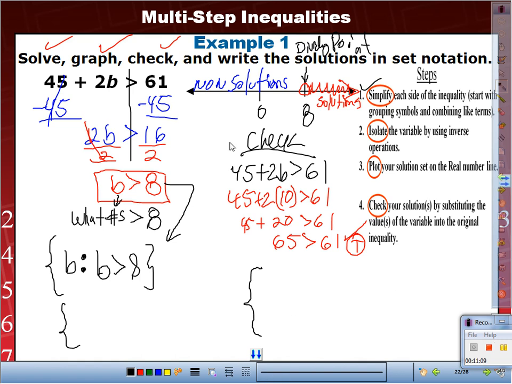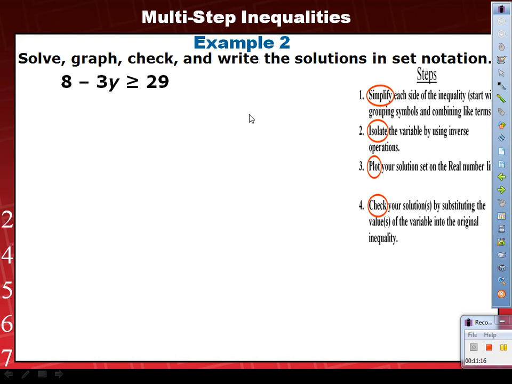Bam. Any questions on all the process? We got it? Okay, copy this next one, please. Example 2. You don't need to copy the instructions anymore. Just copy example 2 and write 8 minus 3y greater than or equal to 29. Let's do this one together. Here we go.